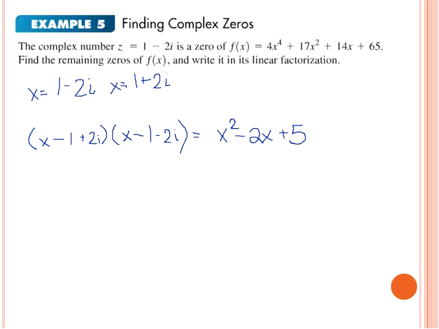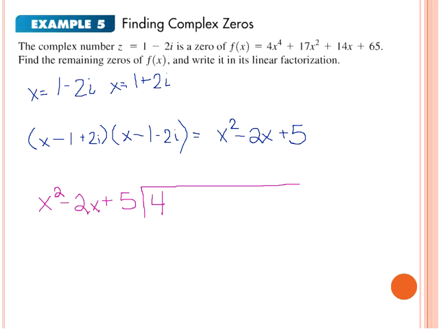All right, so what I'm going to do to find the resulting two zeros that are left, right, because there are 4 zeros total to this polynomial. We have 2 of them already. We need the other 2. So we're going to divide to find those. We're going to take the factor, x squared minus 2x plus 5, put that on the outside.